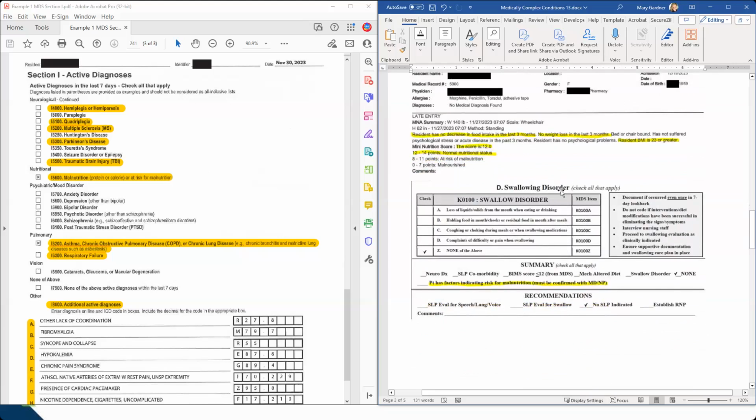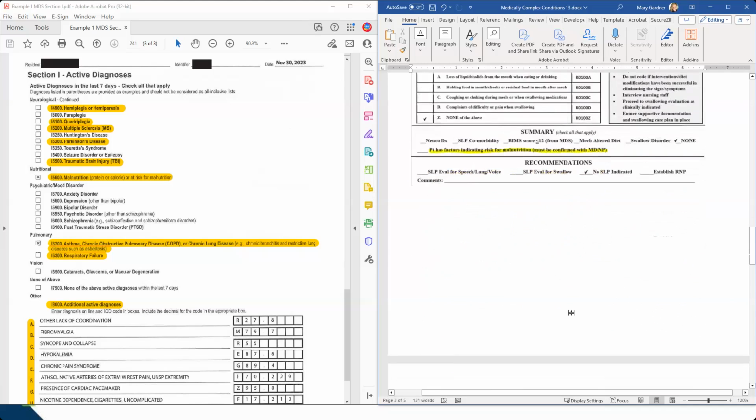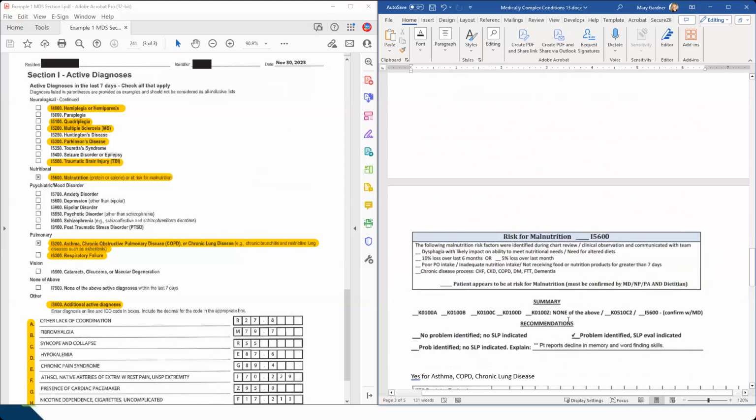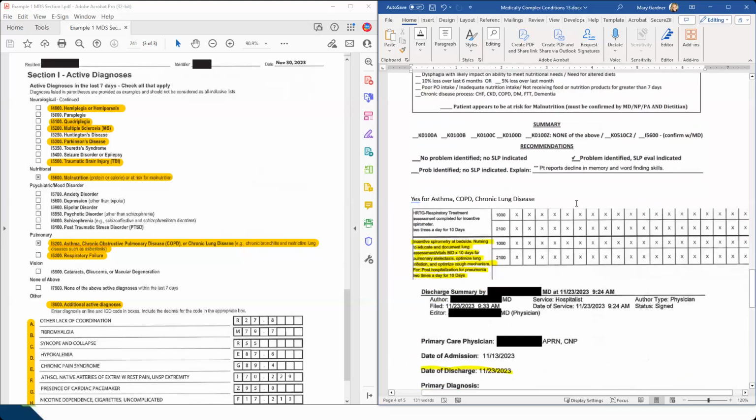Under the swallowing disorder assessment, has factors indicating risk for malnutrition, which must be confirmed by the physician, is not even marked. And then again, in the risk for malnutrition, none of this is marked.